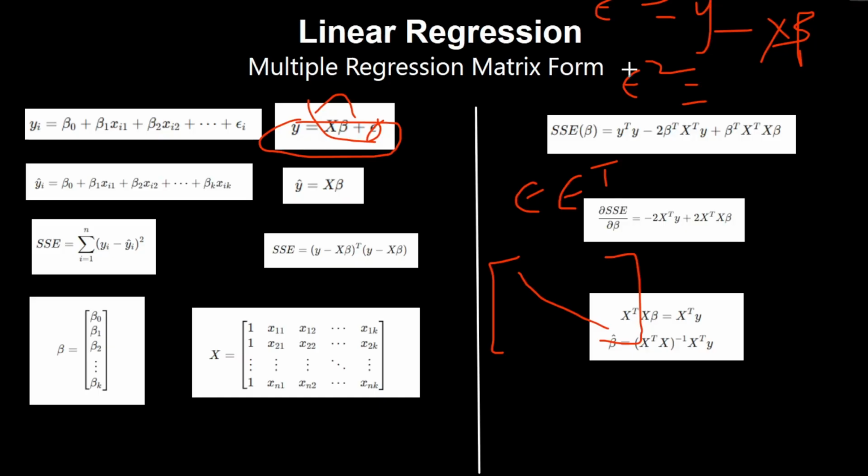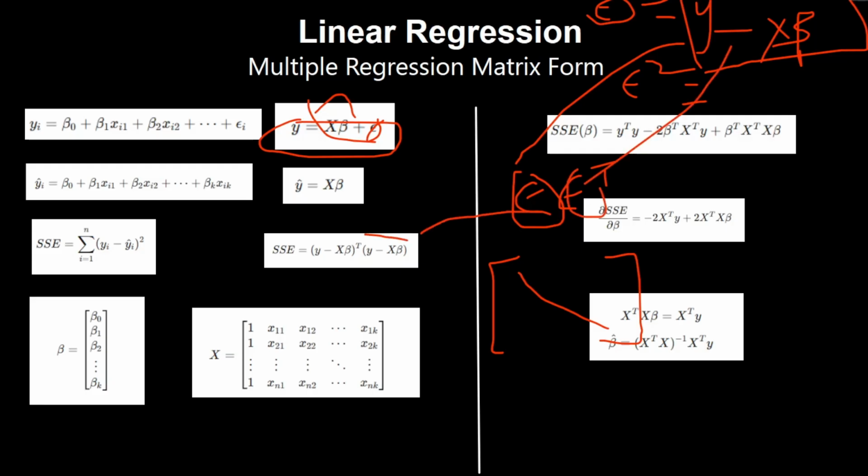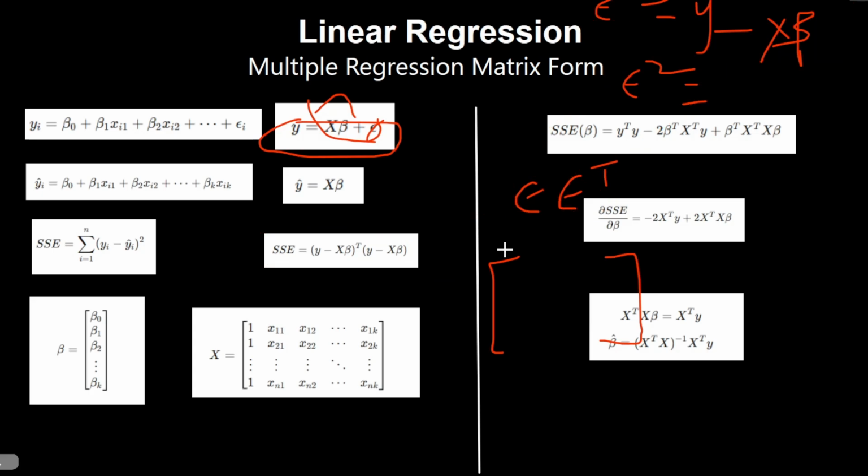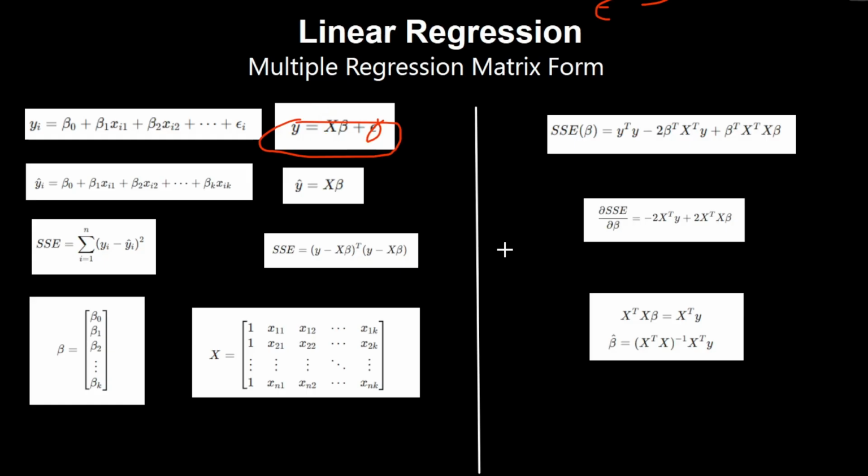If we substitute the value of epsilon and its transpose, we will arrive at this equation. Here we have y minus x beta transpose multiplied by y minus x beta. So this is our cost function.